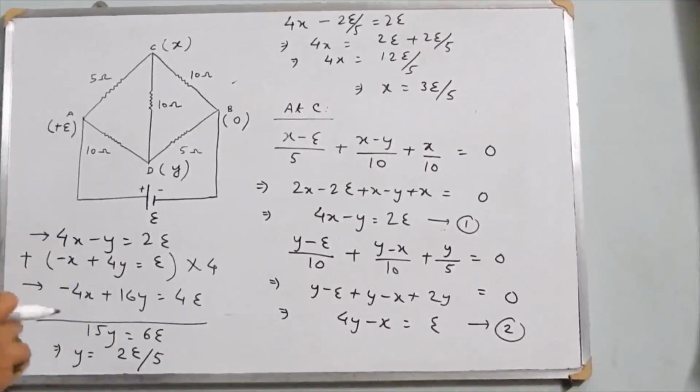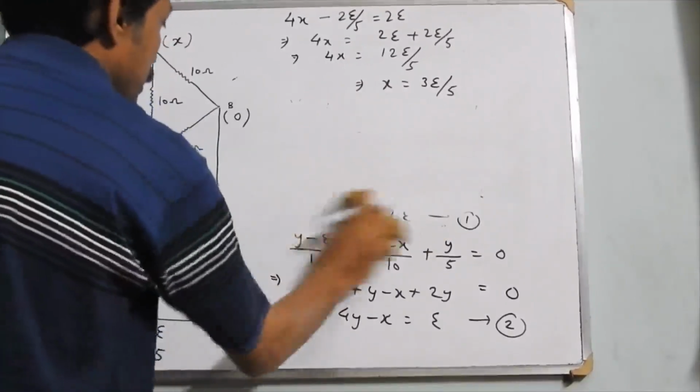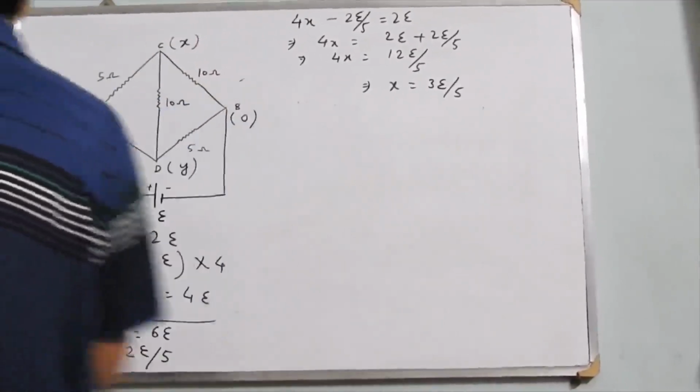Now after we have determined x and y, we use the concept of Ohm's law in order to find the equivalent resistance.